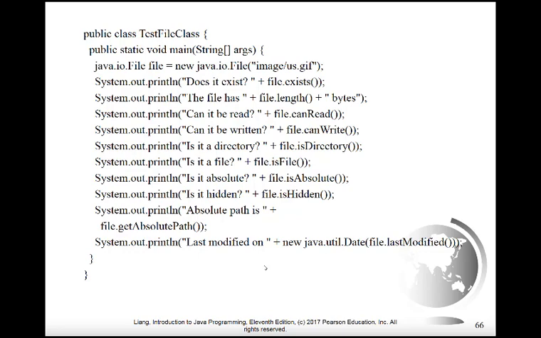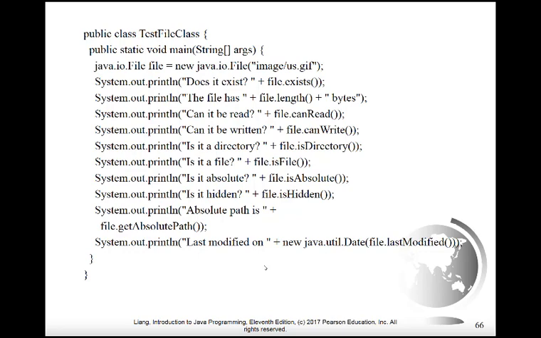We pass it an argument representing, as I mentioned earlier, a possible path name and file name. In this case, we have a partial path name, not a complete path name. I think it starts from the bin directory, and subordinate to that is a folder called image, and then under that an actual file called us.gif. Now, we don't actually know at this point that us.gif is a file.